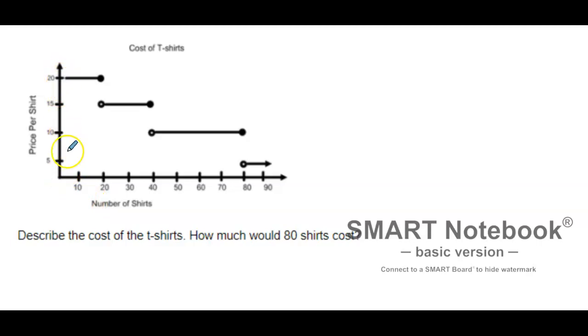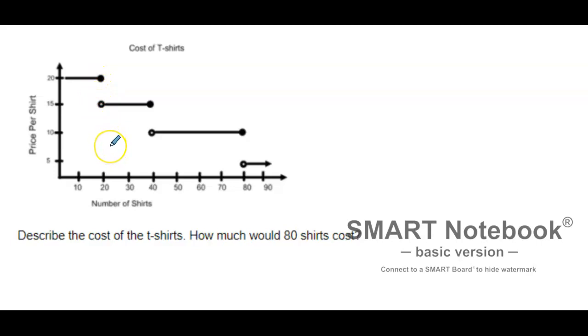So you can't really have a price for 0 shirts. So it goes from 1 to 20. The price per shirt would be $20. So if purchasing anywhere from 1 to 20 shirts, the price would be $20.